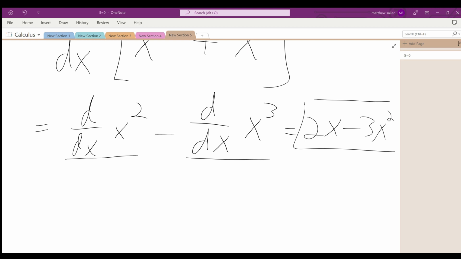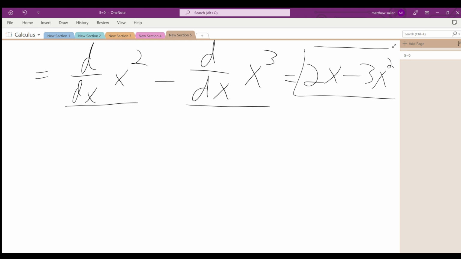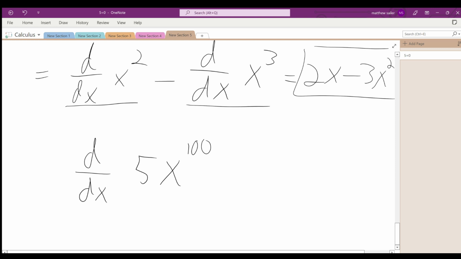Alright, and then you can also bring constants out of derivatives. So we did this a little bit earlier, but if you have the derivative of 5x to the, just for fun, let's do 100. This is the same thing as 5 times the derivative of x to the 100.